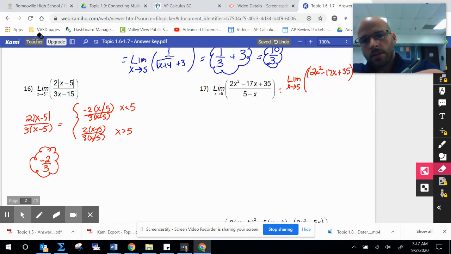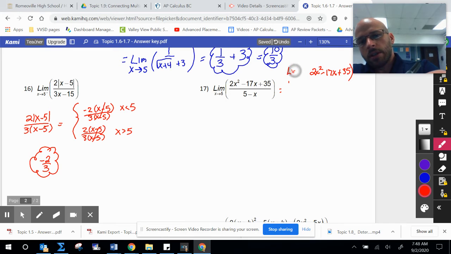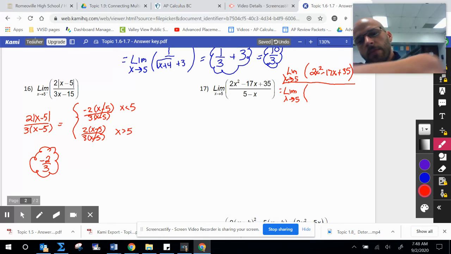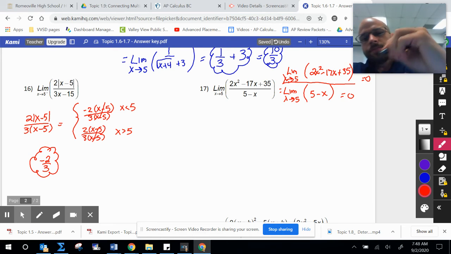Hold on. I wrote really small there for some reason. Let's make this look a little nicer. So I have the limit as x approaches 5 of this, all over the limit as x approaches 5 of 5 minus x, which does give me 0 over 0.